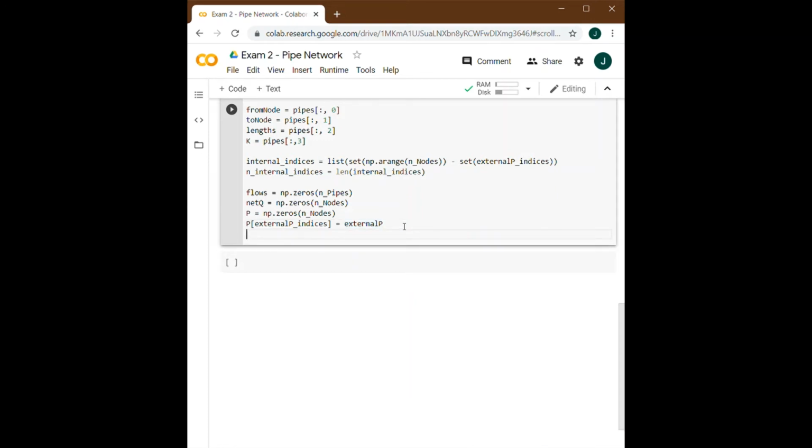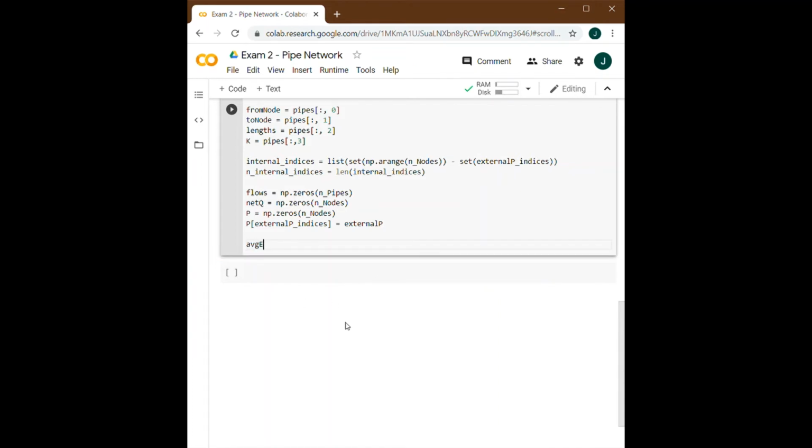The way we're going to guess these pressures, we're not just going to come up with a number out of thin air. What we're going to do is calculate the average of our external head at 0 and 3. So the heads at 0 and 3, and average them. And we're going to use that average to create a guess of our pressures within.